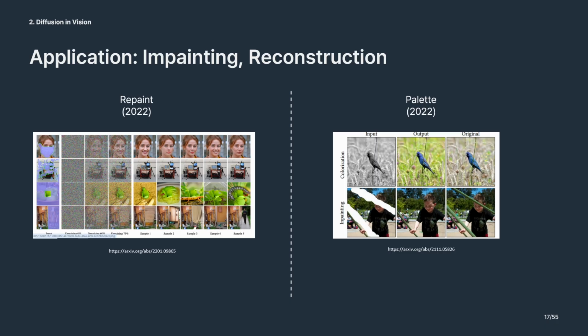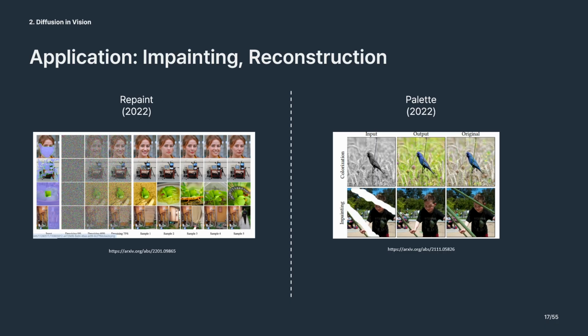Beyond text-to-image generation, diffusion models also excel at tasks like image inpainting and reconstruction, where the goal is to restore or complete missing visual content. On the left, we see RePaint, a model that progressively denoises corrupted or masked regions. It can generate multiple diverse reconstructions from the same masked input.